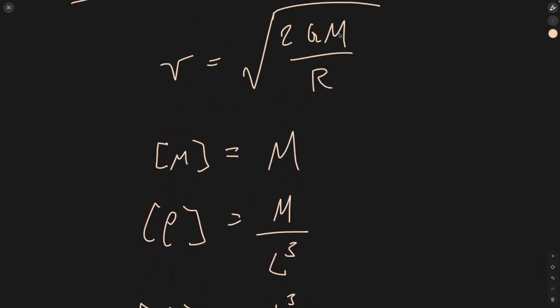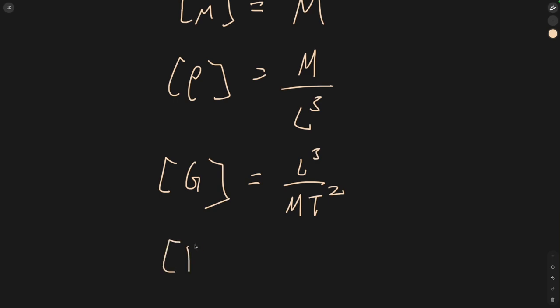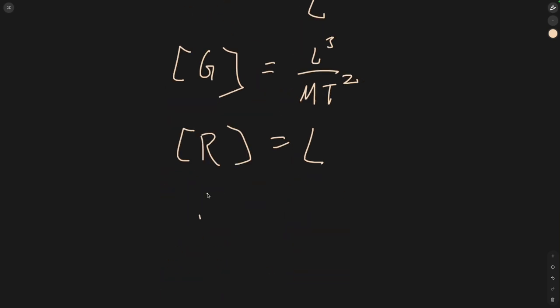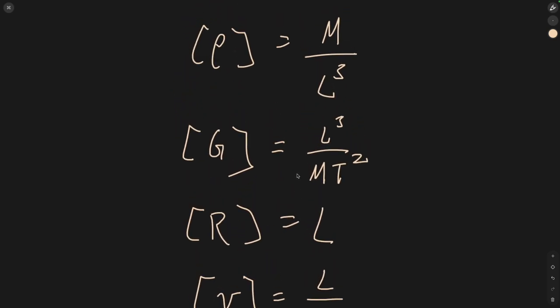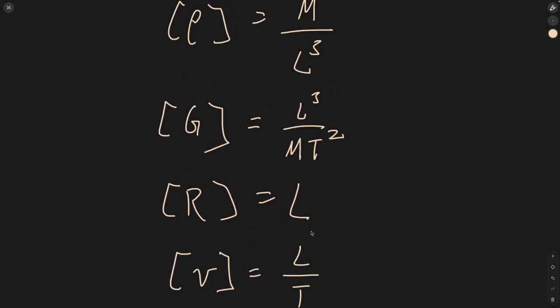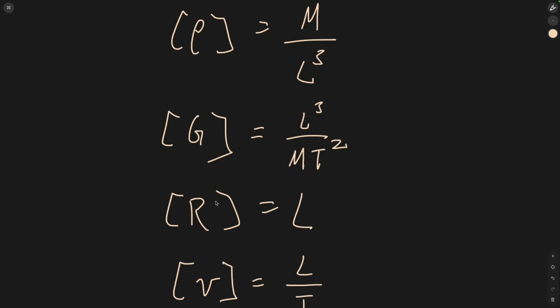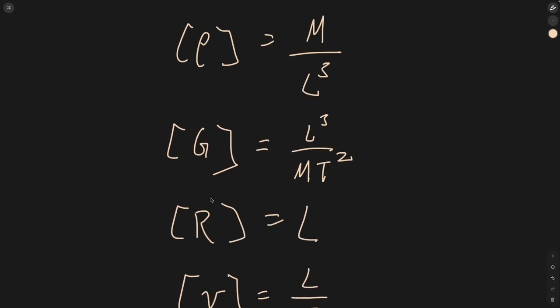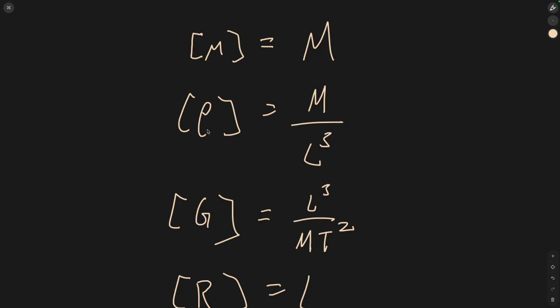And the units of R is L. And the units of V is length over time. So how do we write this V in terms of the other R, G, and rho?